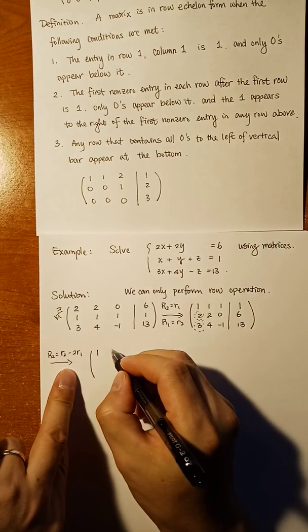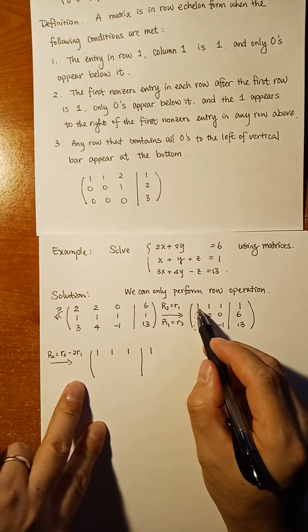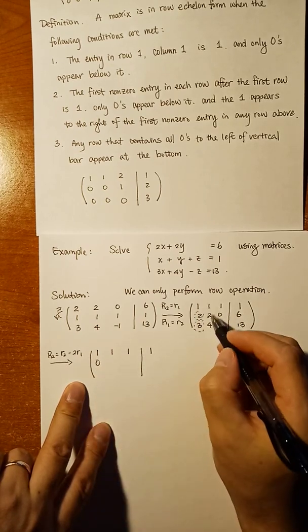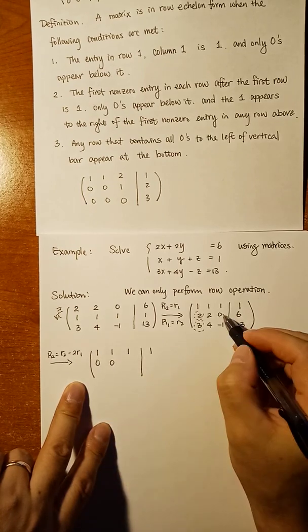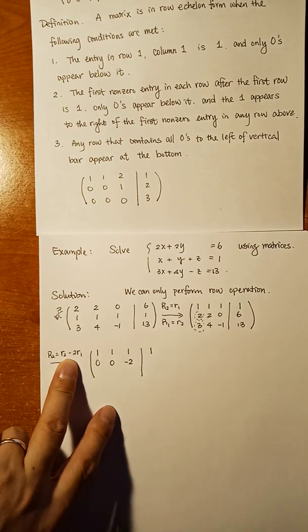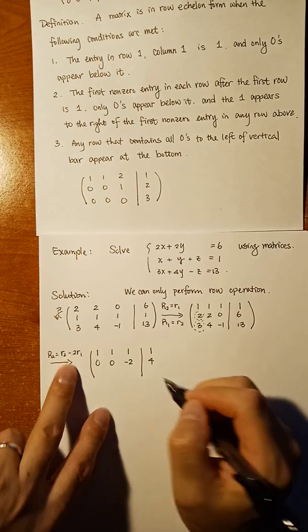So first you copy the first row. This one minus twice of 1: 2 minus 2, 0. 0 minus 2, remember you multiply the first row by 2, negative 2. 6 minus 2 is 4. Okay.